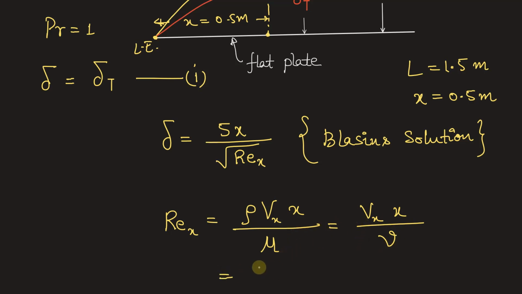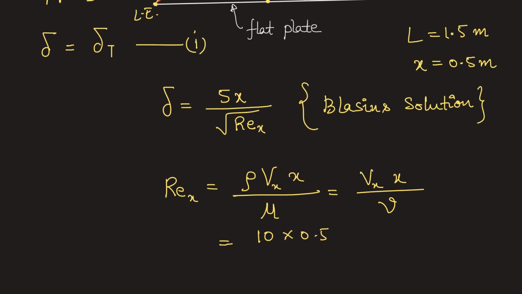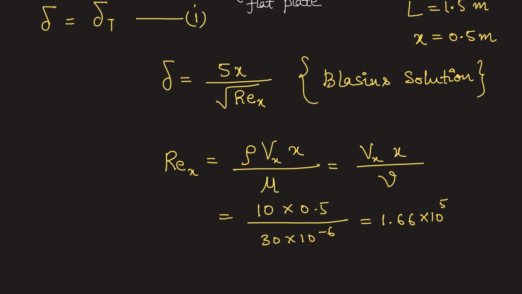So velocity at 0.5 meter is 10 meter per second into 0.5 divided by the kinematic viscosity, that is 30 into 10 to the power of minus 6 meters square per second. So this will come out to be 1.66 into 10 to the power of 5.